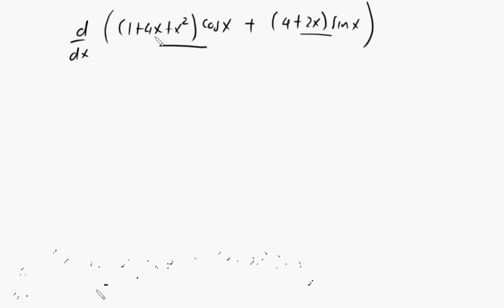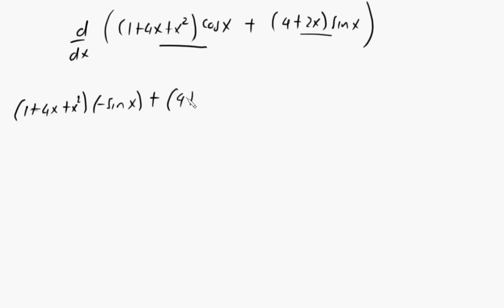So I'm going to keep the constant part, 1 plus 4x plus x squared, then differentiate cos x, which becomes negative sin x. Plus, I differentiate this one now, it becomes 4 plus 2x, and cos x I leave as it is, okay?